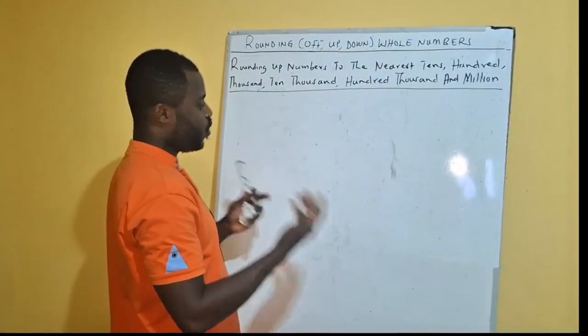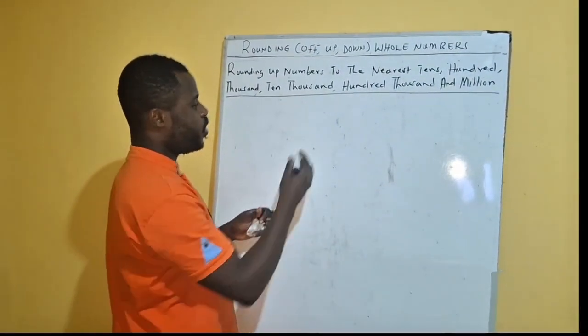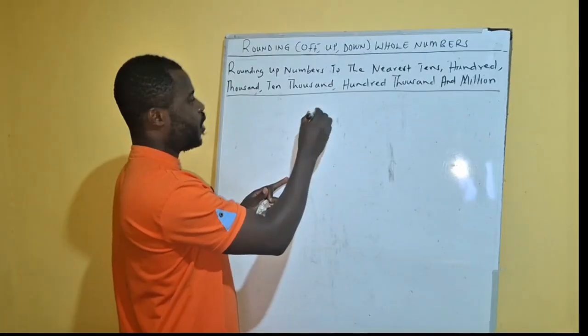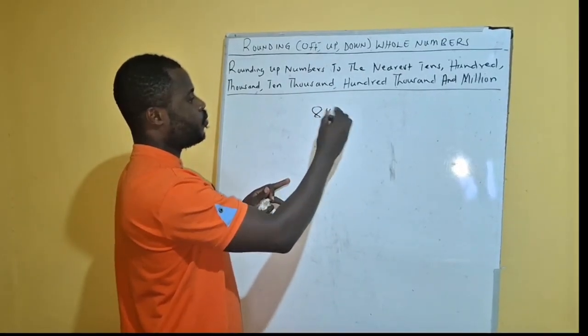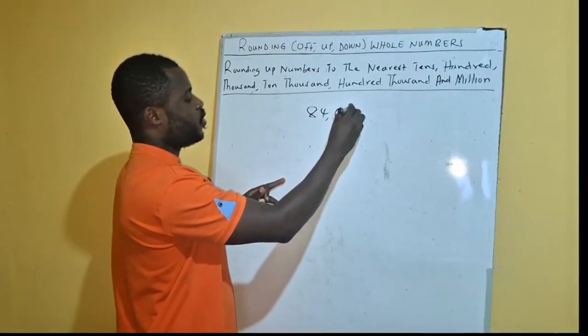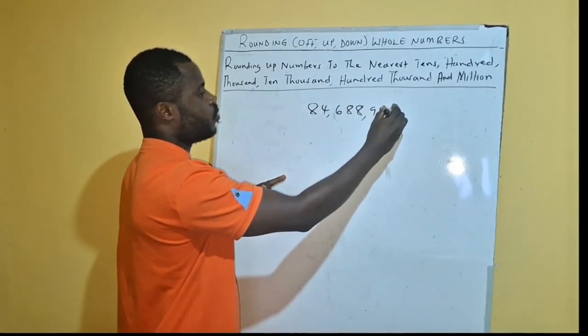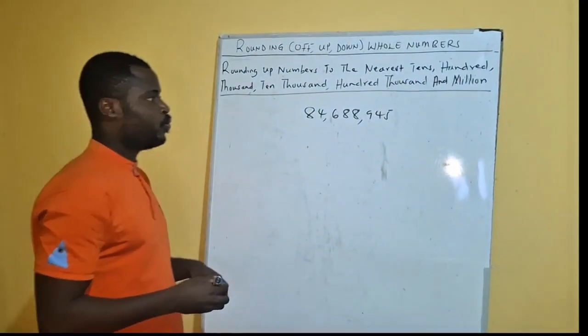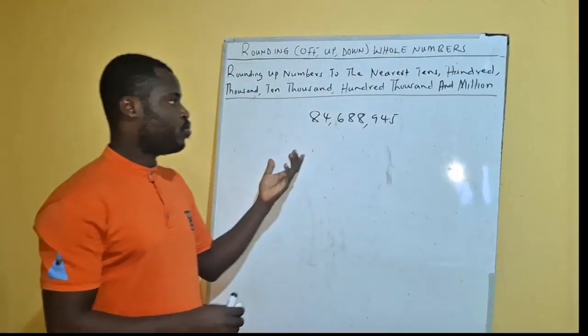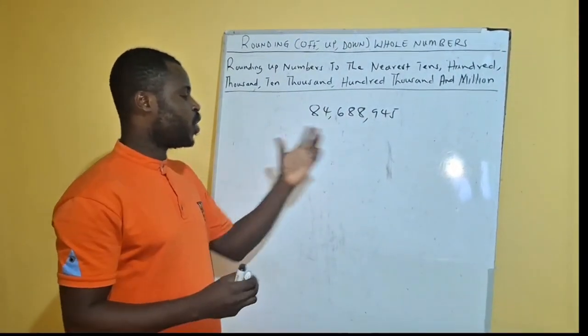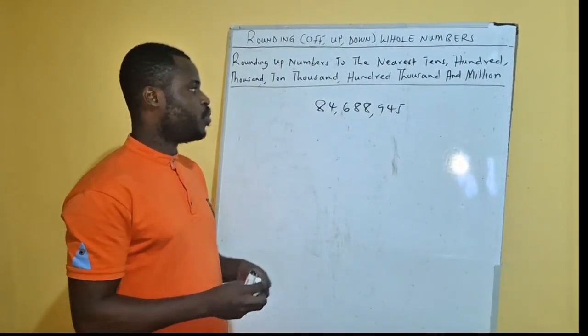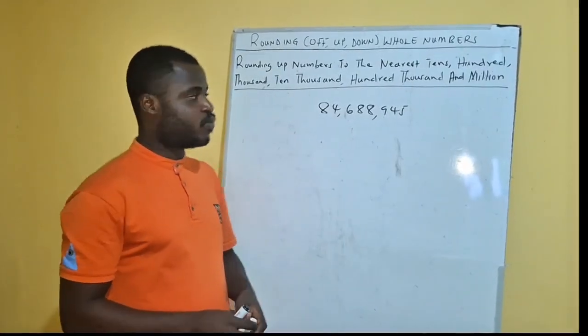We all have knowledge about place value. Assuming we have a number like 84,688,945. Now, in place value, you can pronounce these numbers. Good.